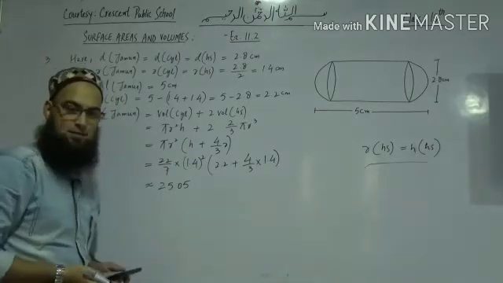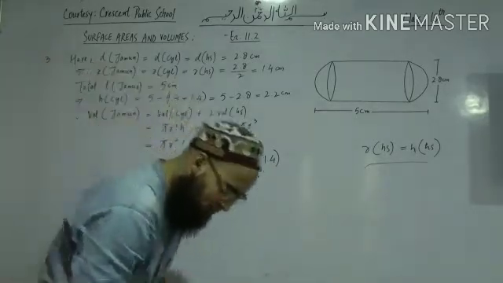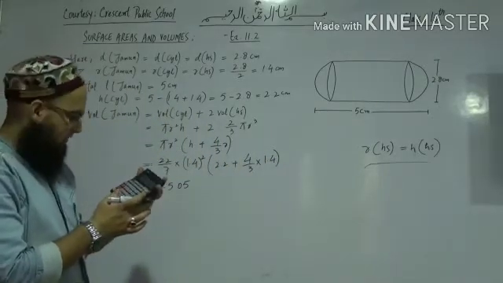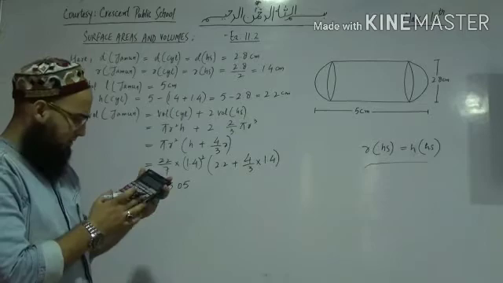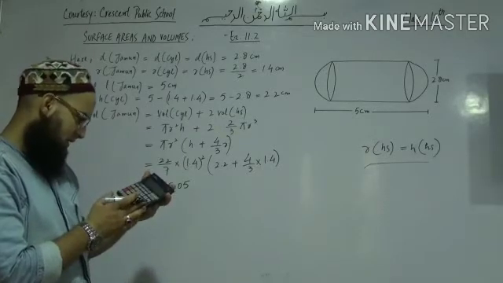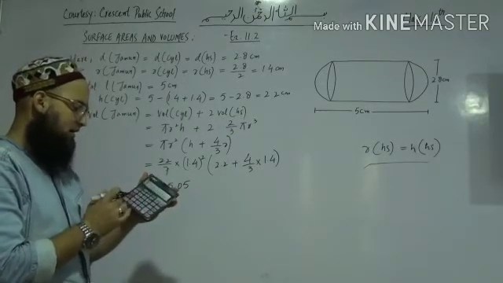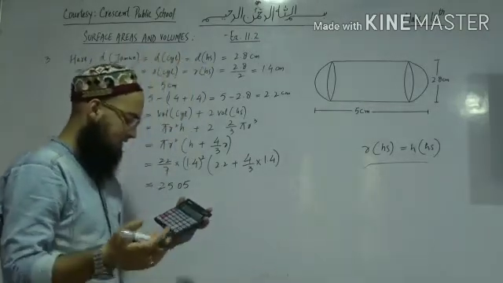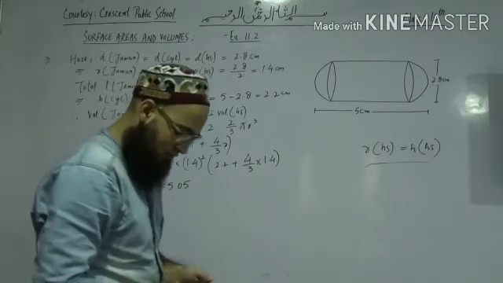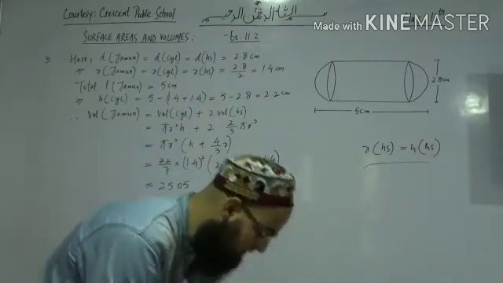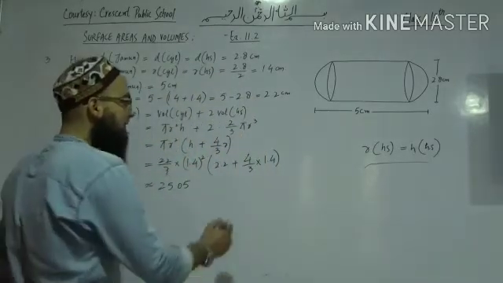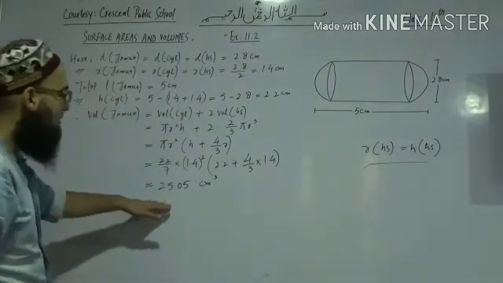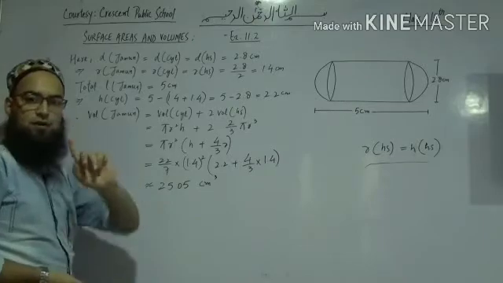Of the order means approximately equal to 25.05, because it is a non-terminating recurring decimal expansion: 25.0506666, and it goes on. So I wrote approximately 25.05 cubic centimeter. This is the volume of 1 jamun.